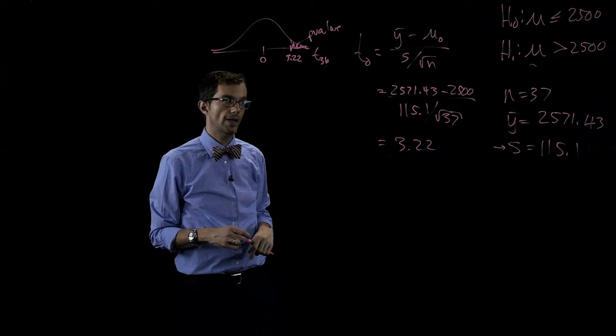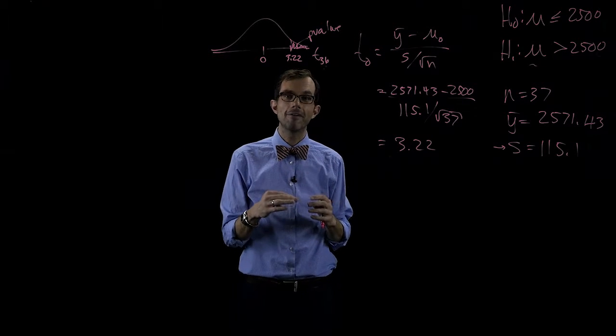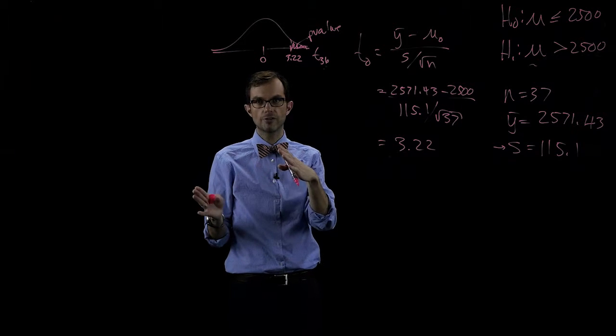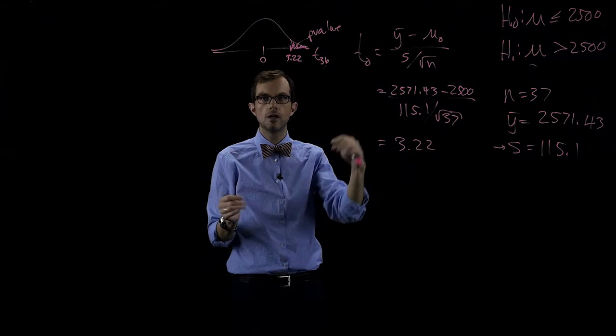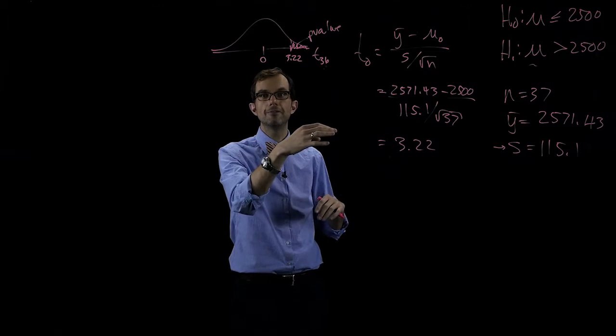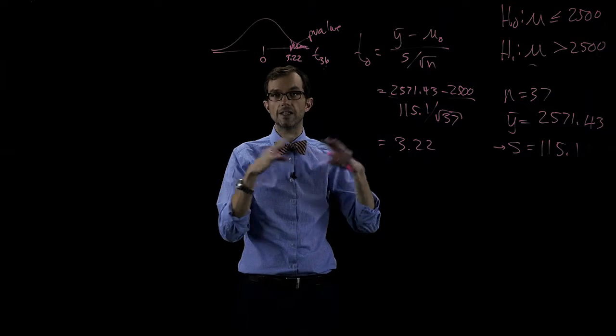So we have to find the area in the tail for degrees of freedom 36 associated with 3.22. But we don't have degrees of freedom 36 in our t table. Past a certain number it only goes by tens, and past 120 it jumps to an infinite number of degrees of freedom, which is a z distribution.